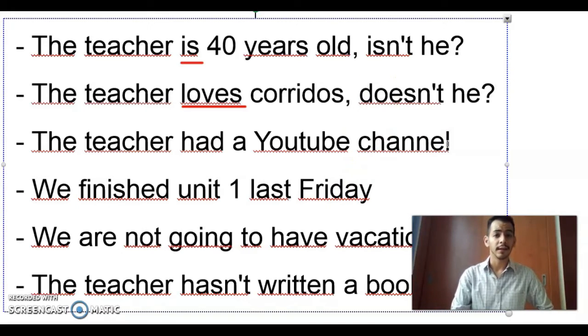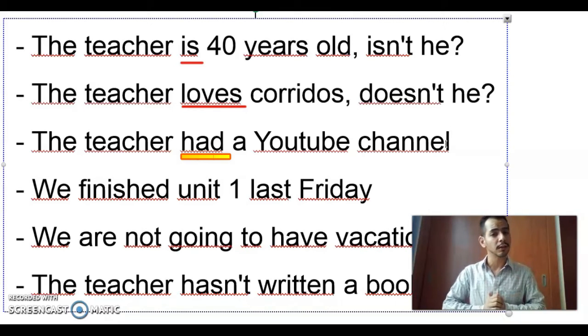Next sentence. The teacher had a YouTube channel. Now, very important here. Some people get confused because they think that because we are using had, the sentence is in past perfect. That is not 100% incorrect, but it isn't correct either. So you have to identify if you have a past participle.